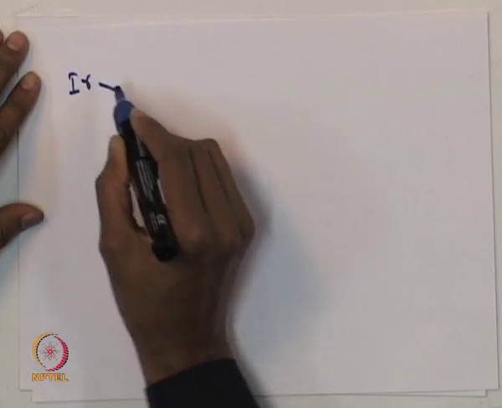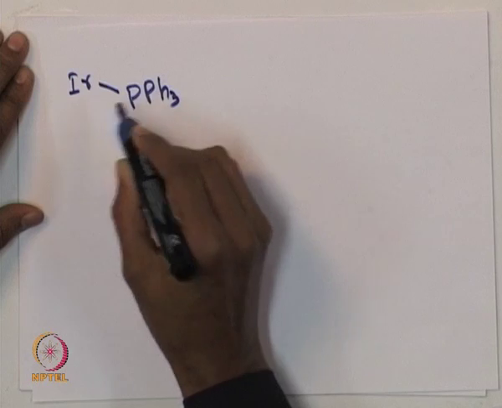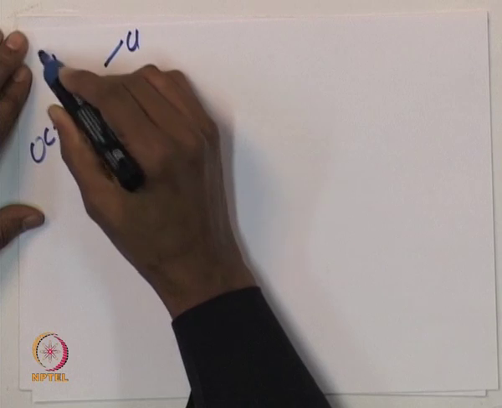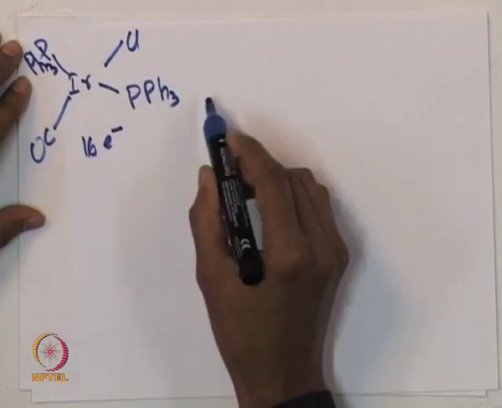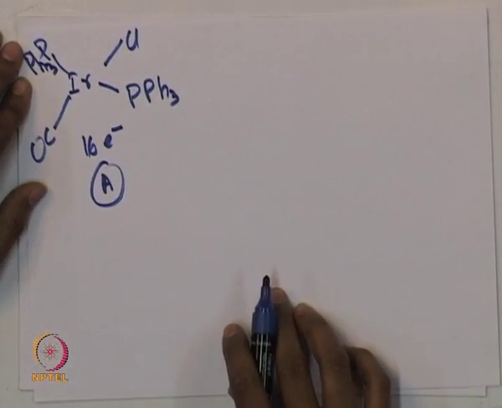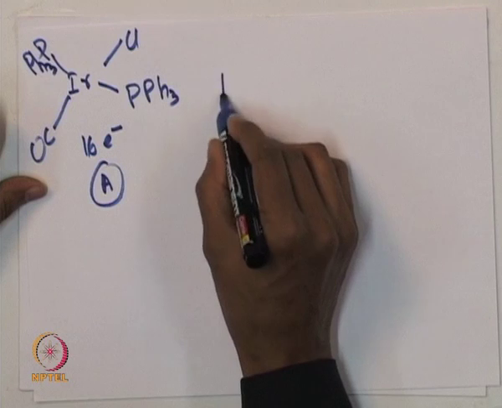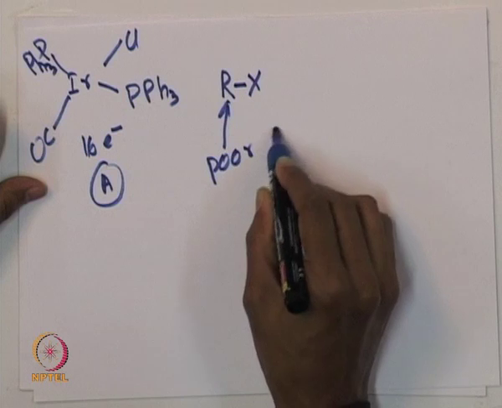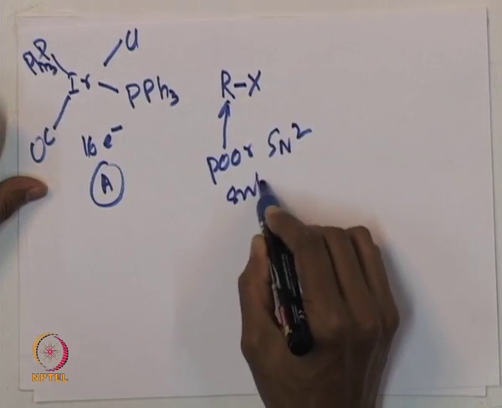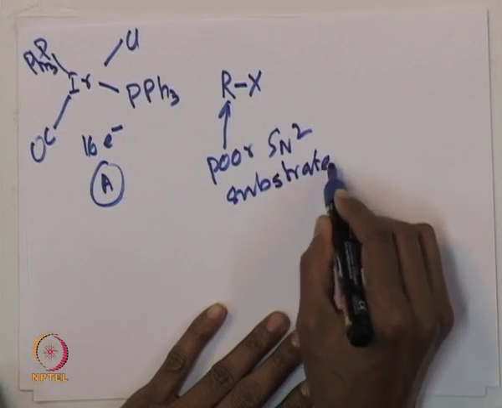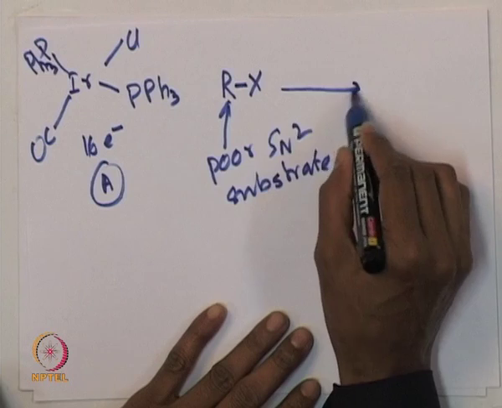Let us take an example. Once again, our favorite complex, this iridium complex, it is a 16 electron species. Now, let us say this is the species A. This species A will react with RX. Let us say this is for your SN2 substrate, let us say tertiary butyl fluoride or anything you would understand that will not undergo SN2 reaction.